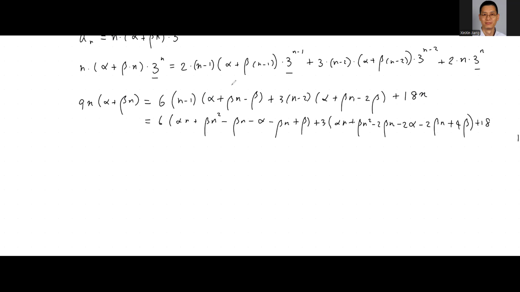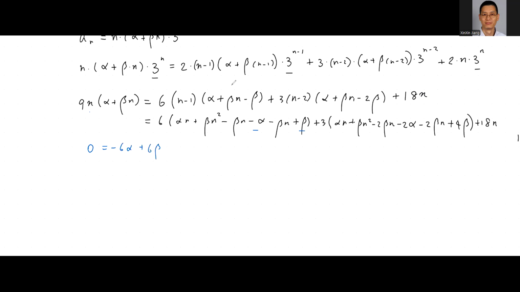Okay. All right. So let's look at the coefficients. So here you have n here, and no constant term. So the constant term is actually 0. I'm going to look at the terms that don't have n. This one doesn't have n, so negative 6 alpha. This doesn't have n, so plus 6 beta.